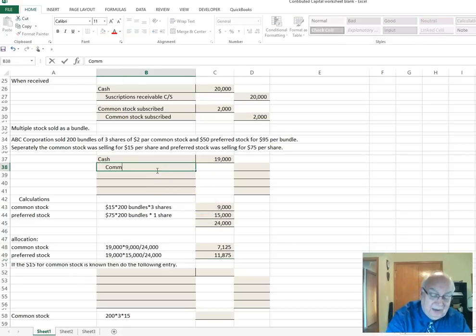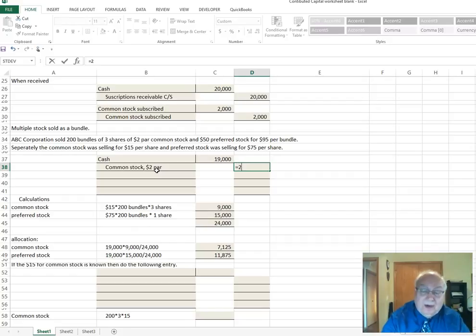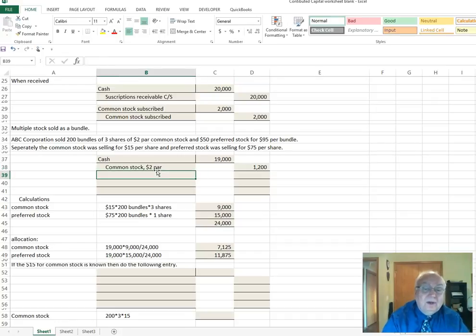So we have common stock, but remember this is $2 par. So it's equal to 200 bundles times 3 shares times $2, which is $1,200. Then the difference will go into additional paid-in capital, common stock.